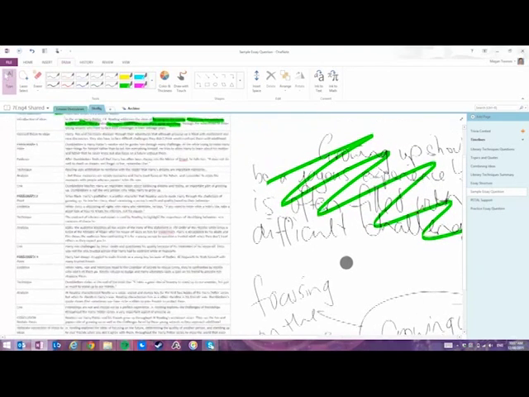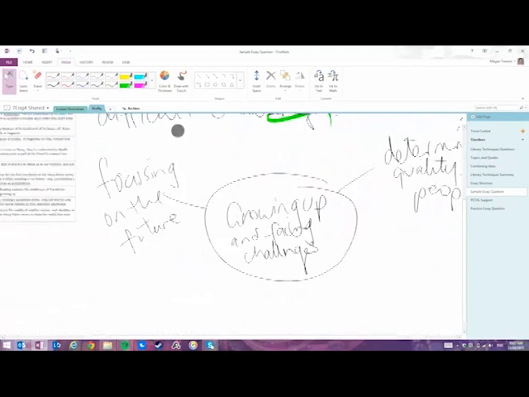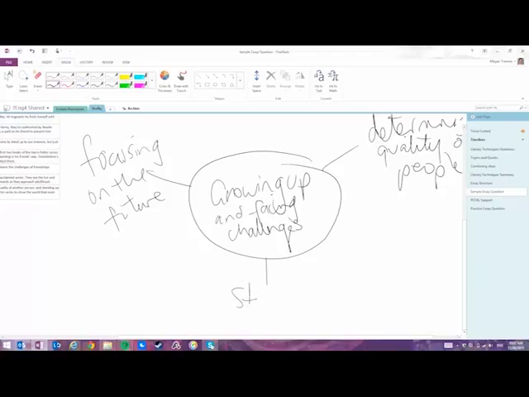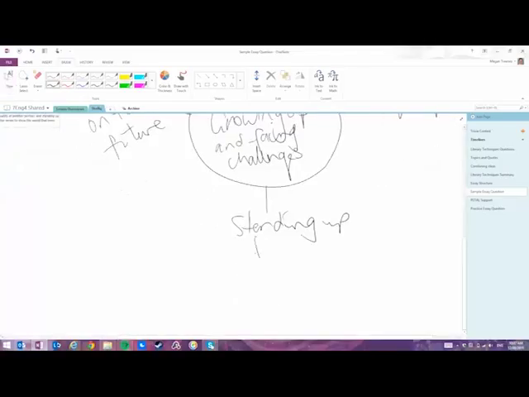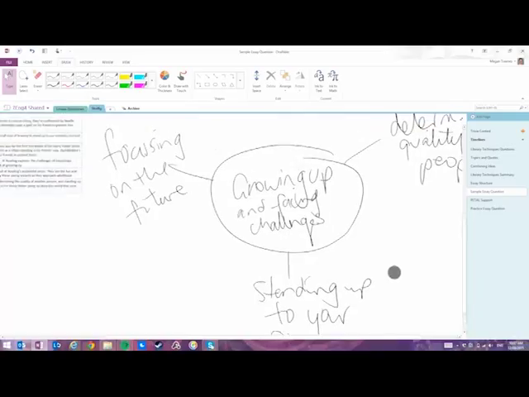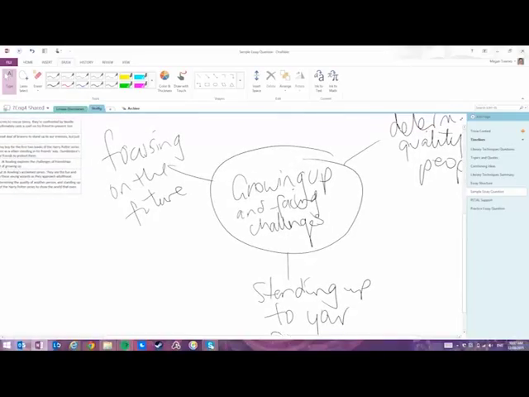And finally, standing up to your friends. And what I'm then able to do is decide which quotes do I want, what evidence do I want to match up to these 3 ideas.